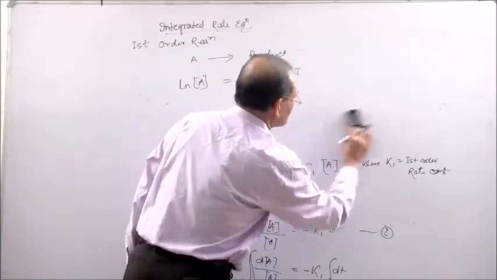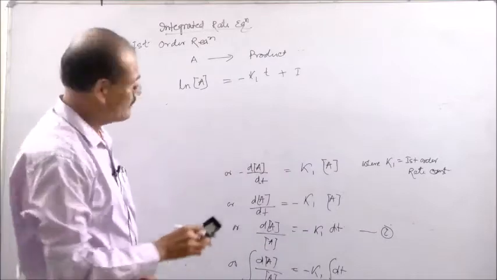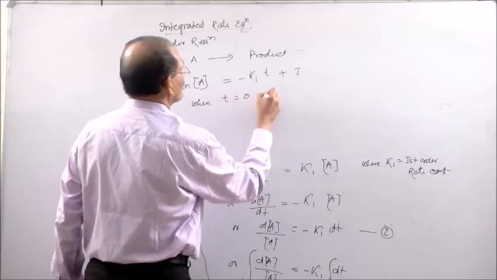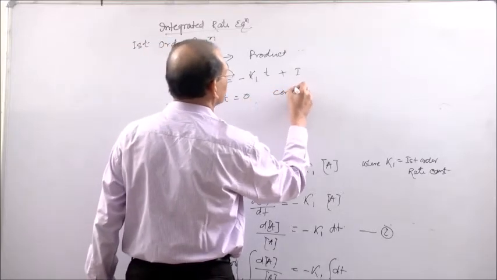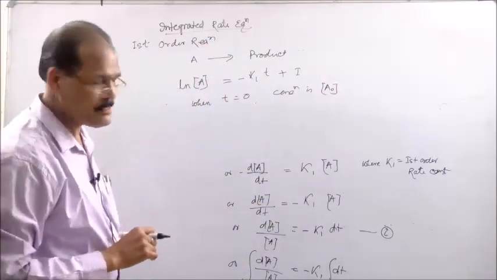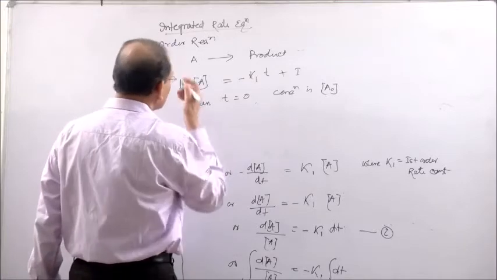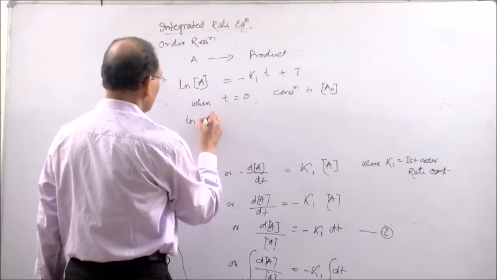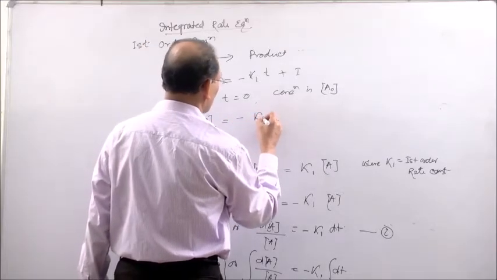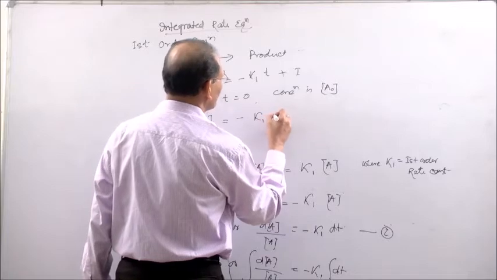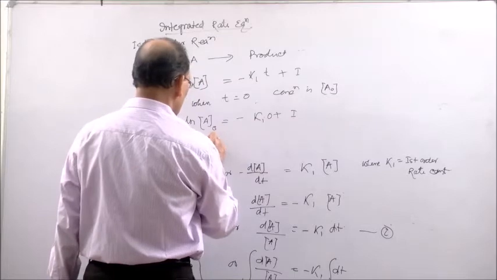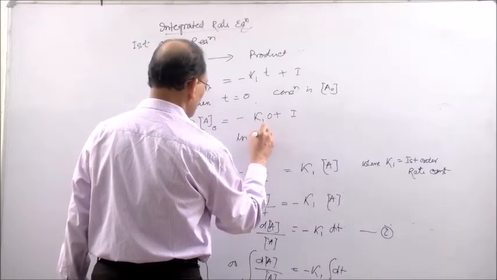To find out the integral constant, we have to take some boundary. When time is 0, the concentration is A0, that is the initial concentration. So, substituting this, we will have ln A0 equal to K1 into 0 plus I. Therefore, I is equal to ln A0.